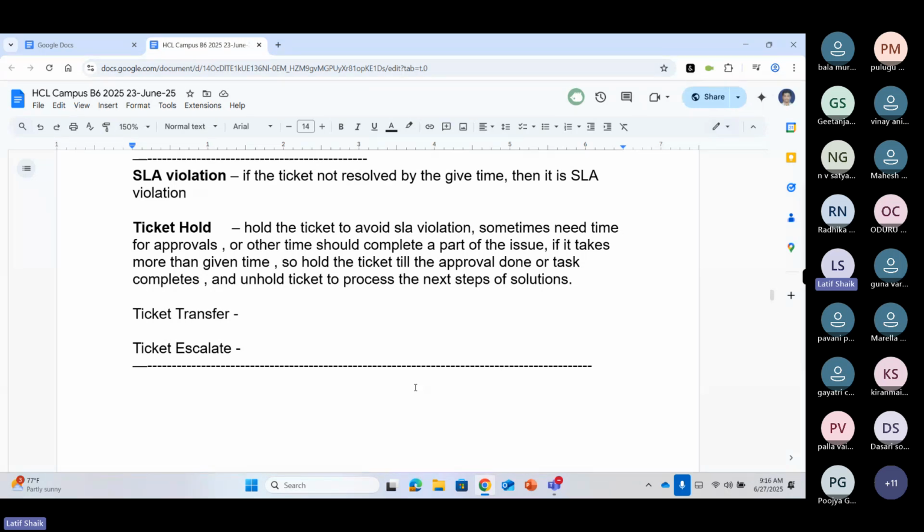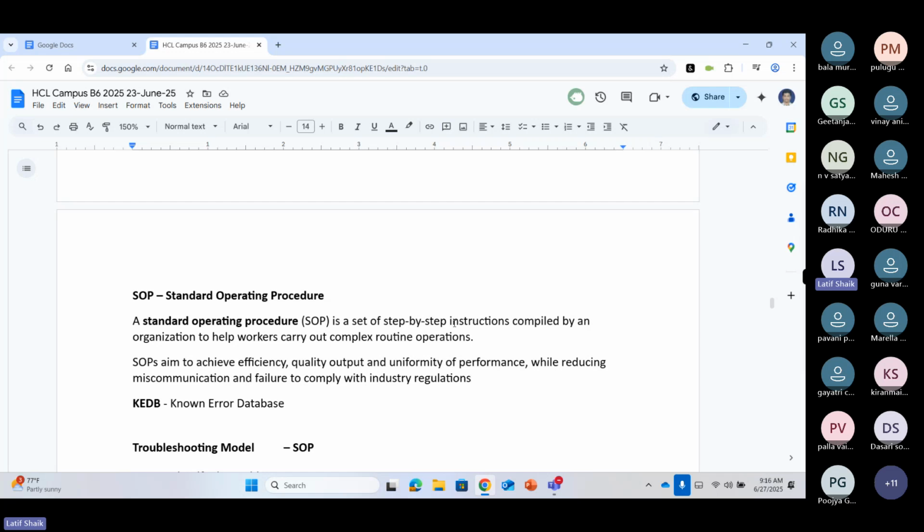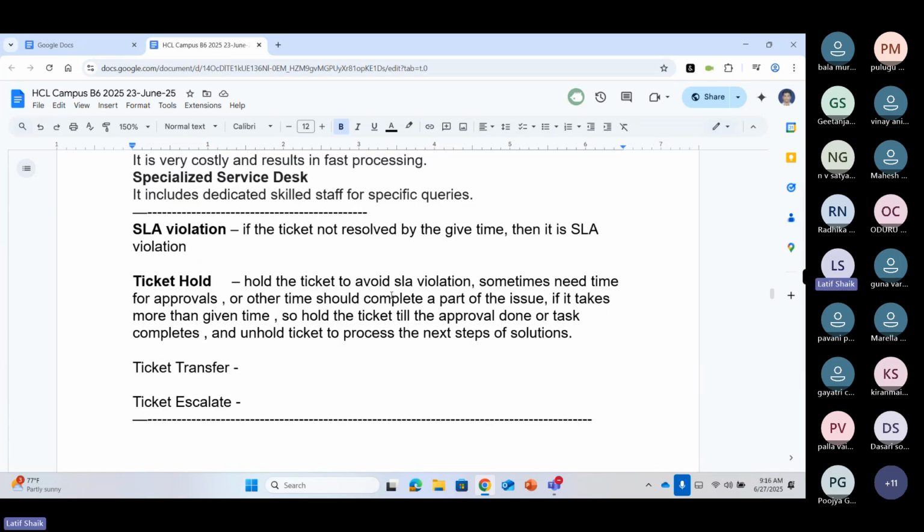That's the first thing, because you will get guidelines on how to do a specific task and how to resolve that particular issue. So you already have a guideline, and you have to follow it and resolve it. But sometimes, for a major reason, other options are also available, like ticket holding, escalations, transfers.